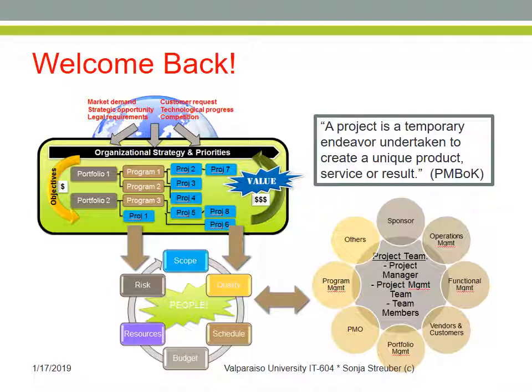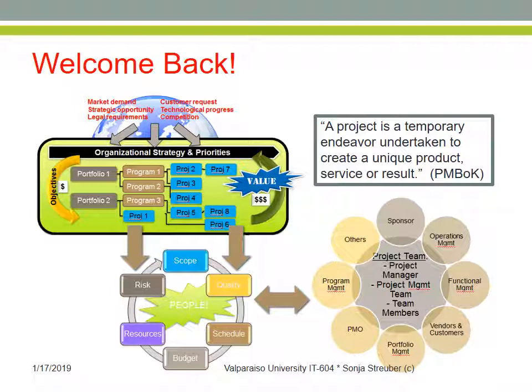When we manage projects, we manage not just the traditional scope, budget, and schedule, which you do see here in the circle at the bottom, but we also need to be concerned about project quality.